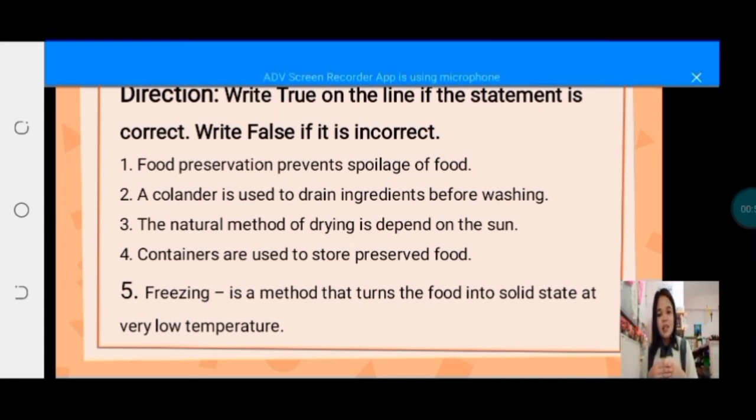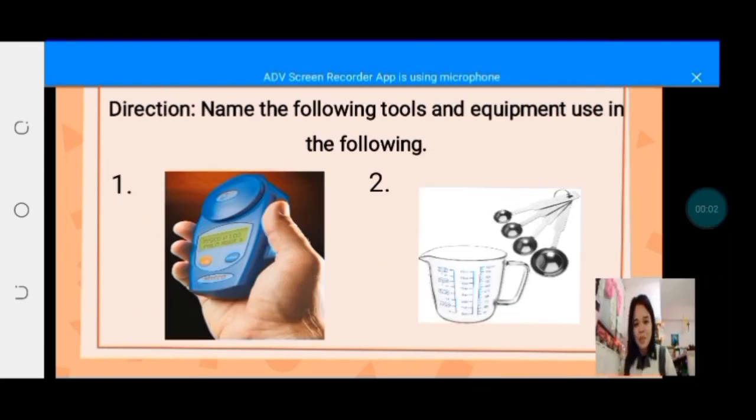Okay, class? Do you have any question or clarification? Okay, very good. So now, class, we will have a short activity. Direction. Can you read the direction? Direction. Name the following tools and equipment used. Okay, class, I will give you 2 minutes to answer. Okay, class, are you done?